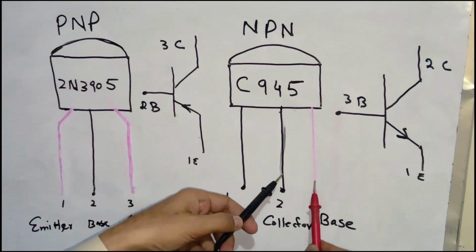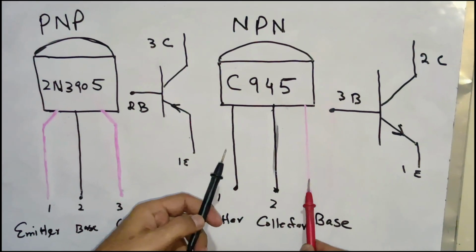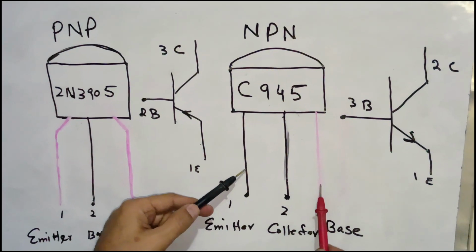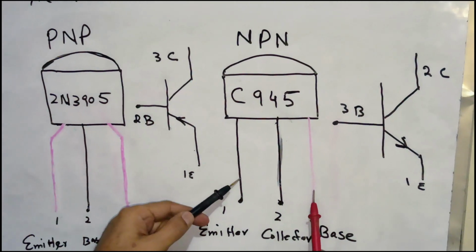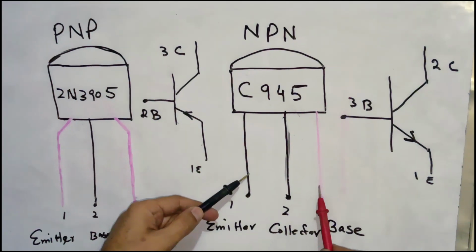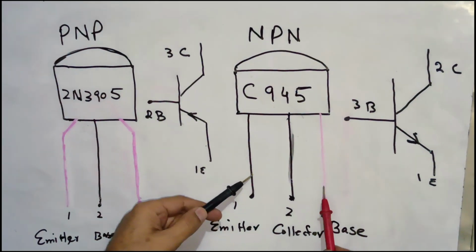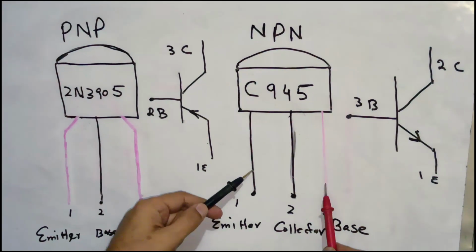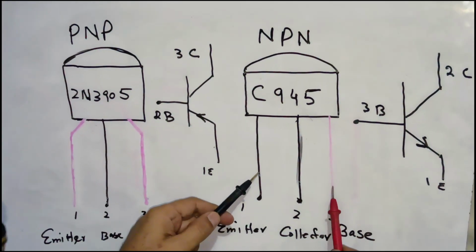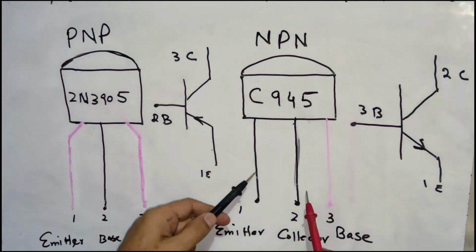Remain the red probe on the base and connect the negative probe with terminal number 1. It will also show the resistance. Look, this is the base. Actually, this is the NPN transistor.